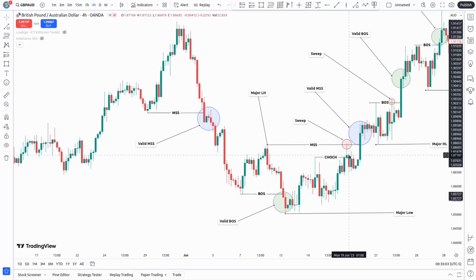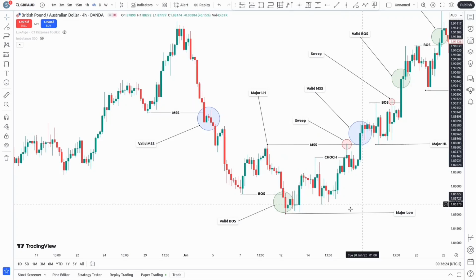It retraces back, then comes back, then with big momentum, a big candle closes and another one still closes above. Automatically, we can confirm that this is a valid market structure shift to the upside. Now we are in a bullish trend.